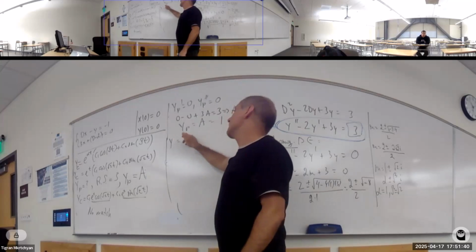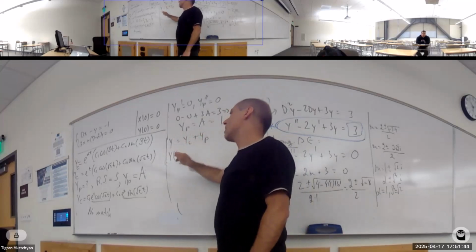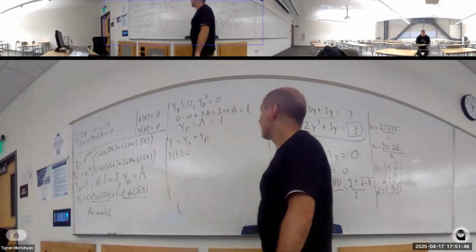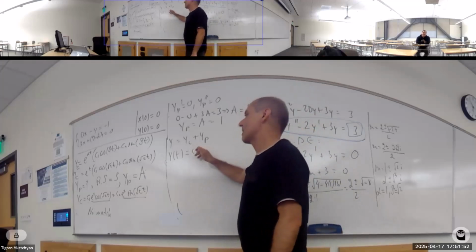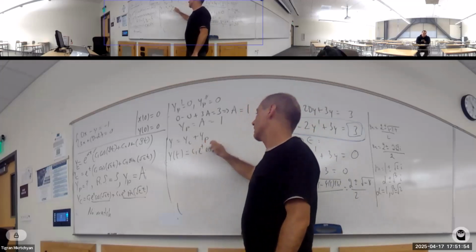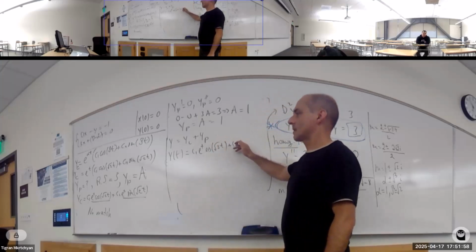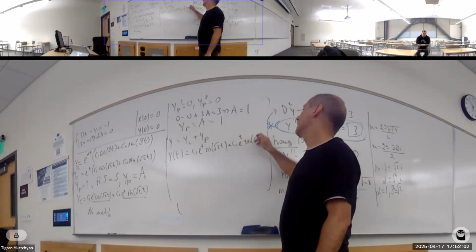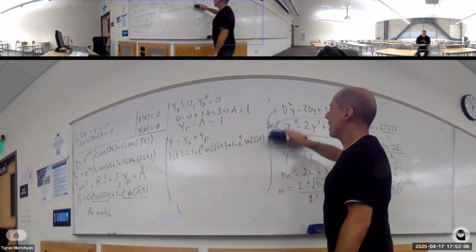So that yp is 1. So y is yc plus yp. So y is this guy plus 1. Now, I don't need this anymore, so I'm going to erase this.